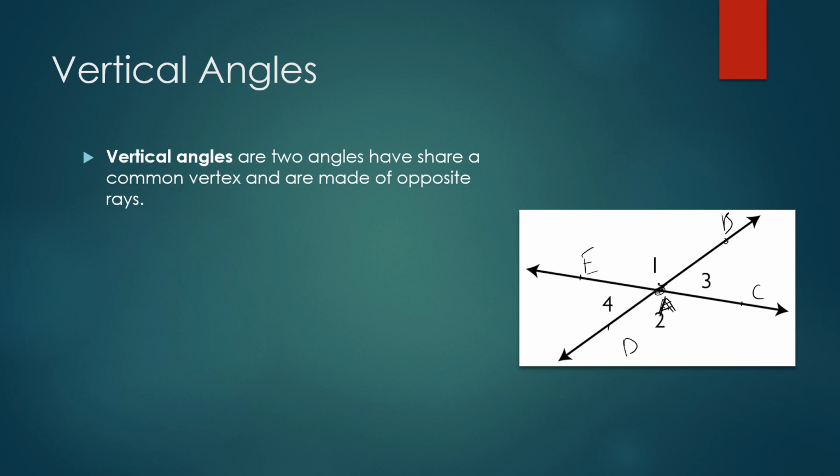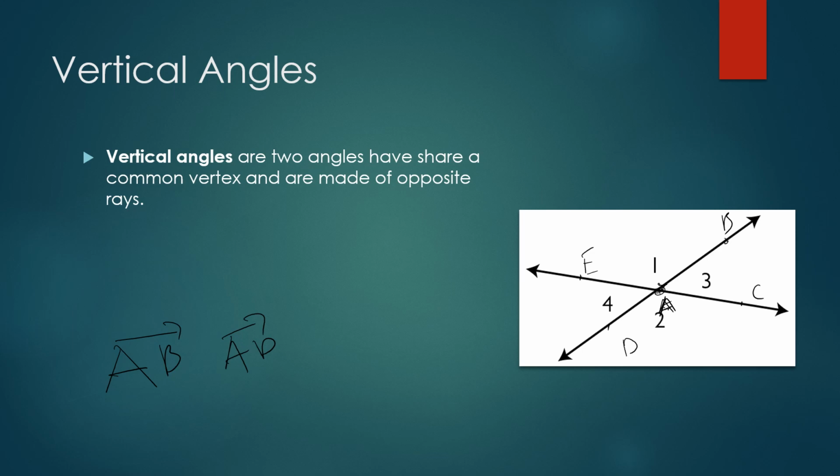then we can see that we have opposite rays. We have ray AB and we have the ray AD. These are considered opposite rays.